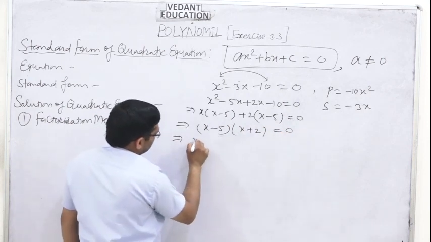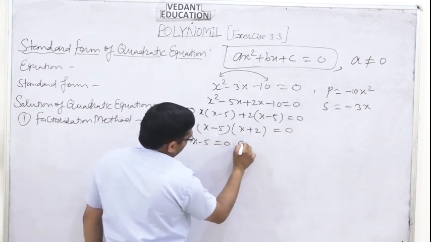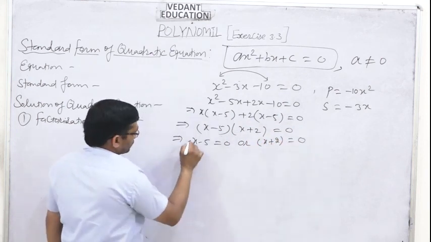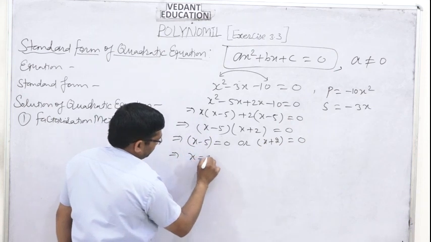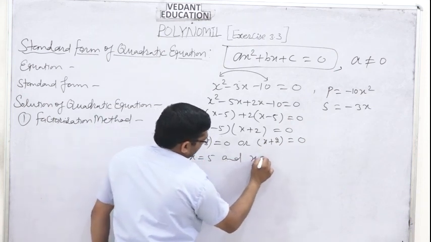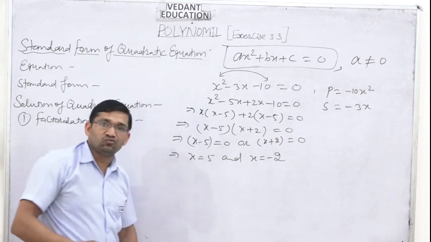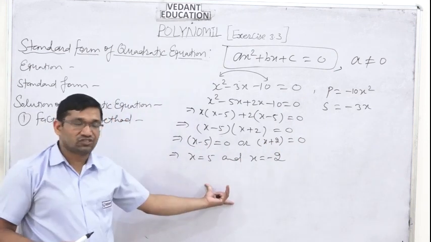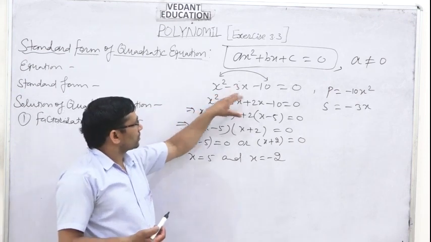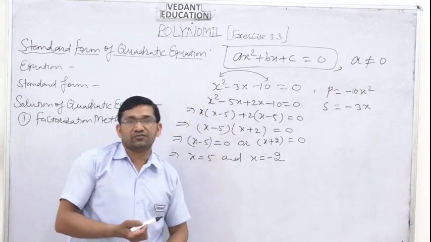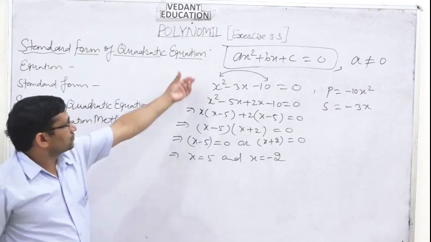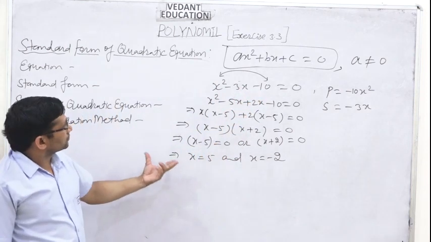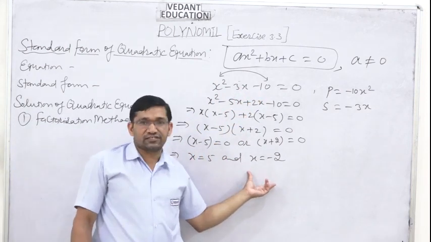That is x minus 5 is equal to 0 or x plus 2 is equal to 0. This implies x is equal to 5 and x is equal to minus 2 are solutions, roots and zeros of this equation. So this is known as factorization method.